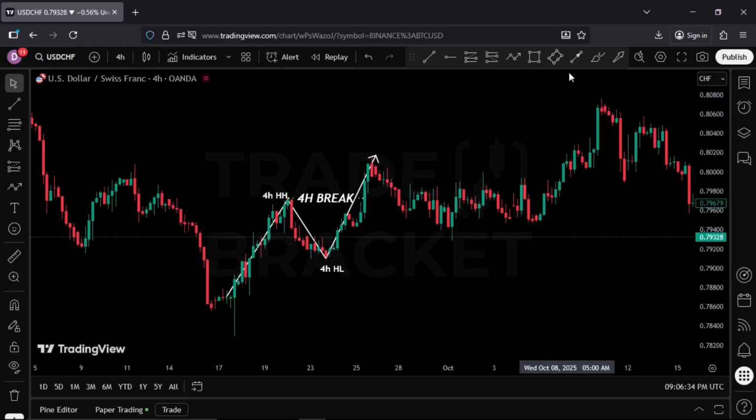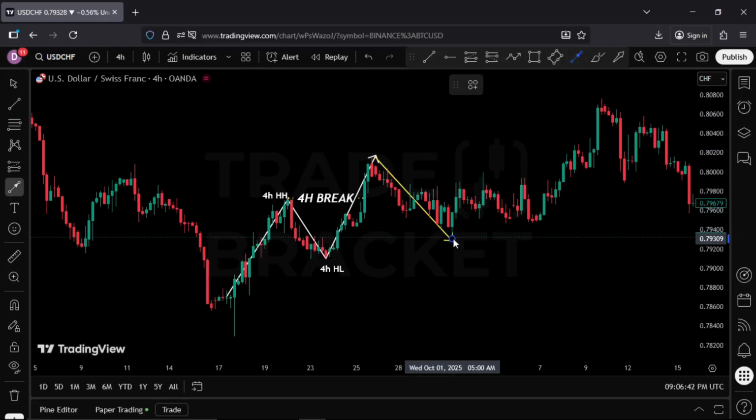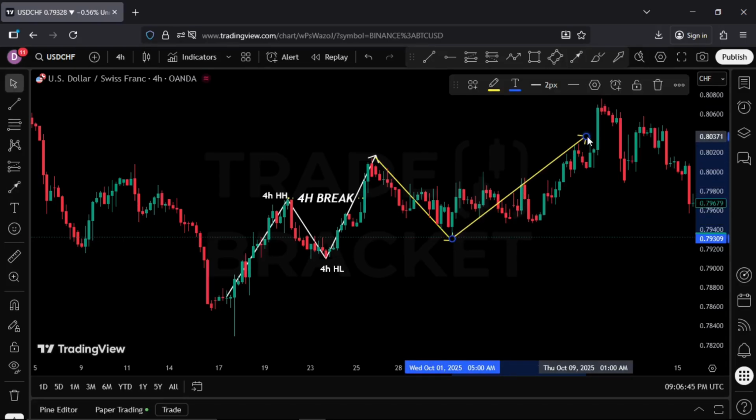So what do we expect now? We anticipate the market to make a pullback, and then we expect the market to make a push to the upside, or the continuation to the upside. Like I always say, this pullback right here is the heartbeat of this strategy, because when we go to a lower time frame, the 15-minute time frame, this pullback will be in a downtrend, and this is what confuses so many traders.